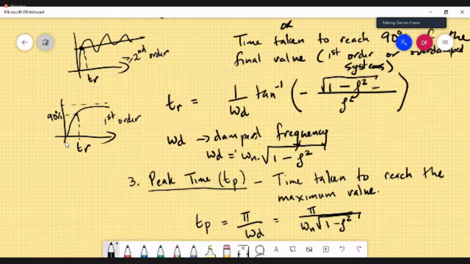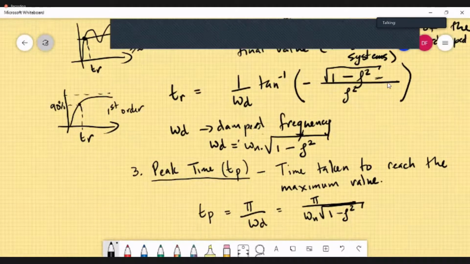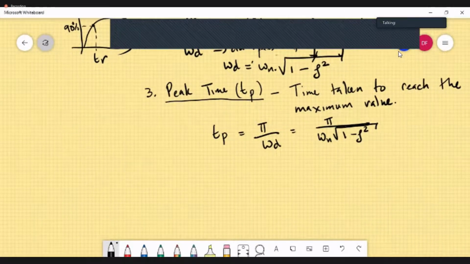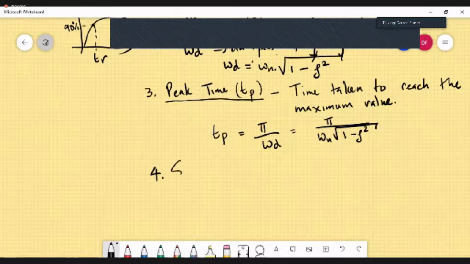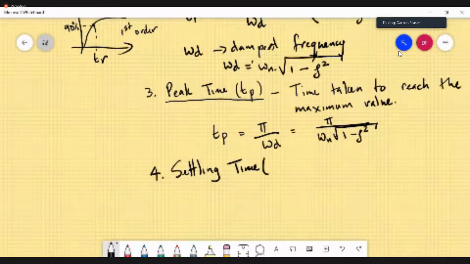All right, and the fourth one, the one that would be used the most if we're doing an actual system, is the settling time.